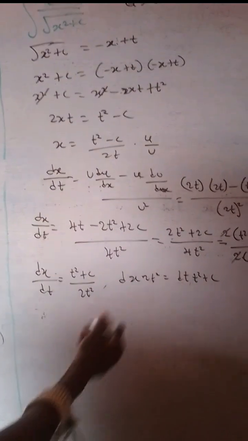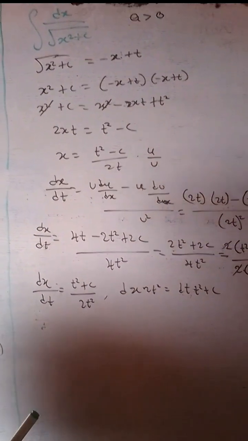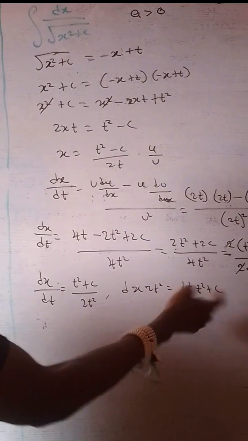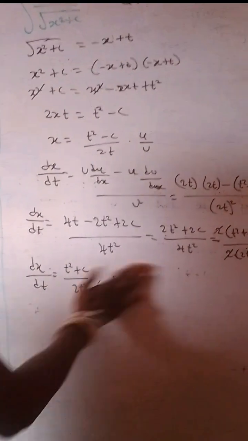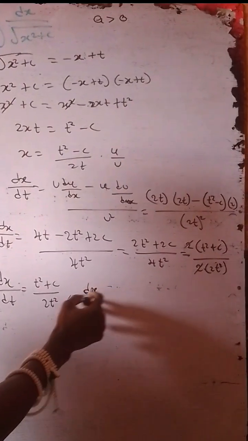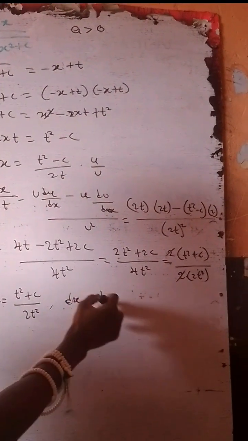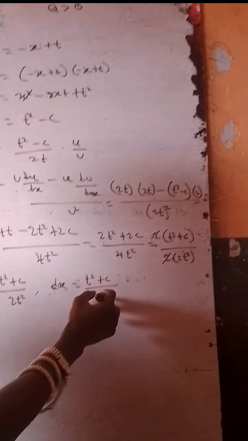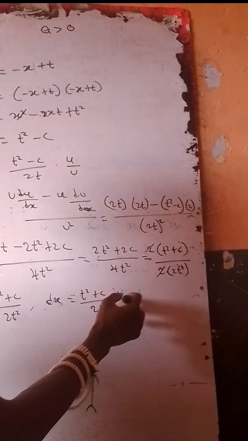So you are only given the x, so therefore our dx is also just the same thing, with the dt added into the variable: dx equals t squared plus c over 2t squared dt, just to make it look more like a function of x here. Are you getting what I'm saying? Then we balance this, then come back to here.